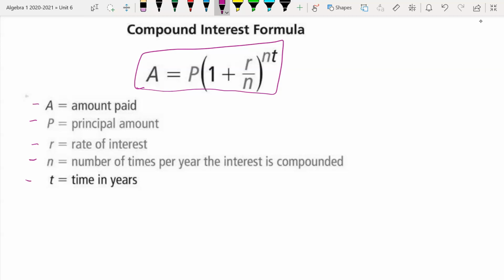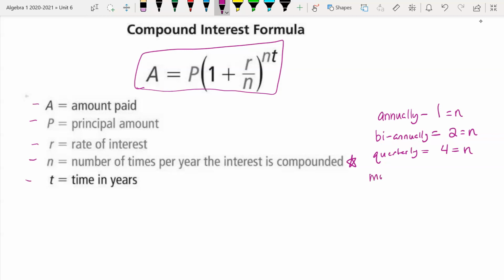All right, just so you know, N is a kind of special thing here. They use some different terms here. So if I say annually, my N is 1. If I say biannually, my N is 2. If I say quarterly, my N is 4.